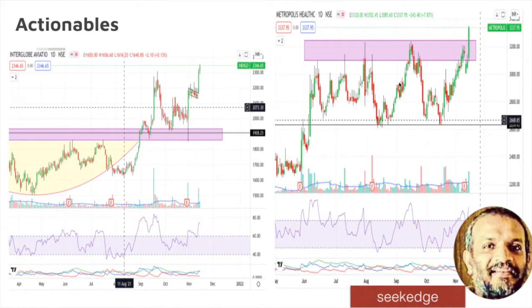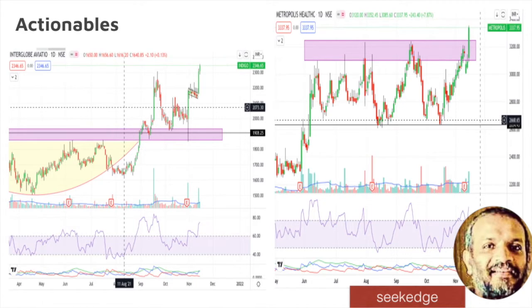Another one is Metropolis Healthcare, which was facing resistance continuously multiple times, 1, 2, 3, 5, 6, 7, 8, 10 times at one particular zone, and you can see that on the daily chart today it has broken out of that major zone where all the resistance is. So if that much of consolidation length can go upside is what technical analysis shows.